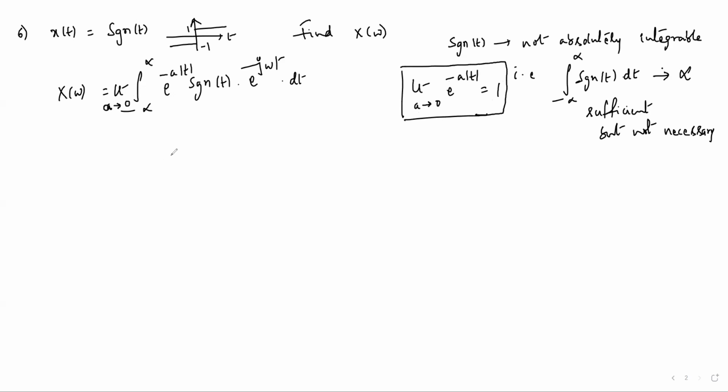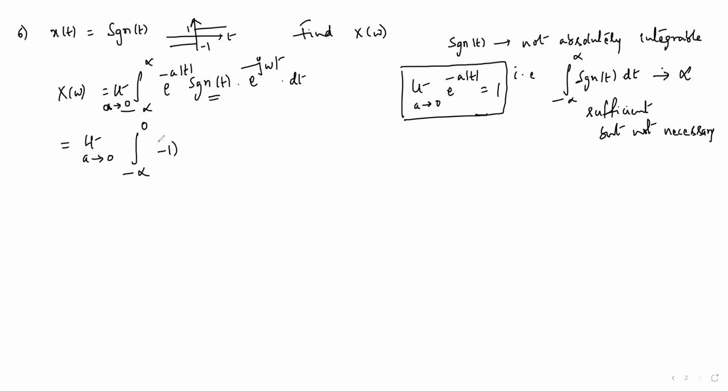So the expression value does not change even if we do like this. Now we can proceed. Limit a tending to 0, signum function value. Let us divide the integral into two terms. Minus infinity to 0, first limit.